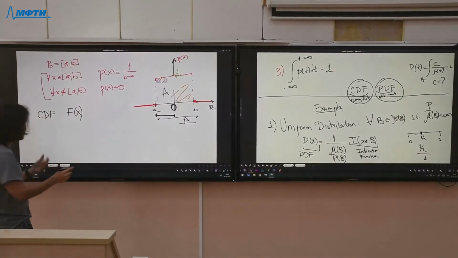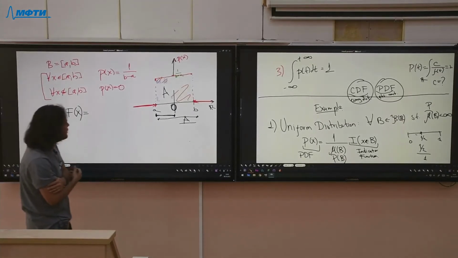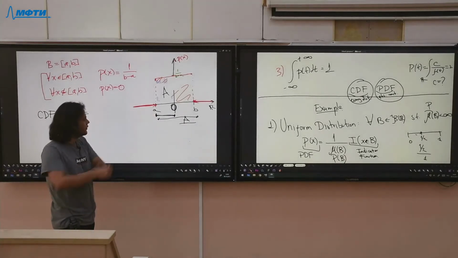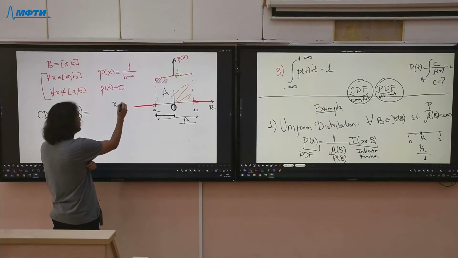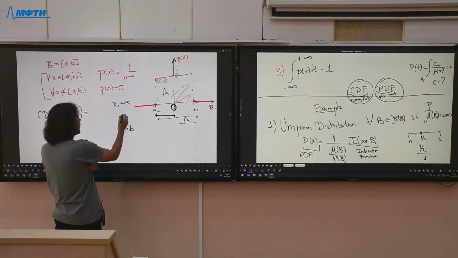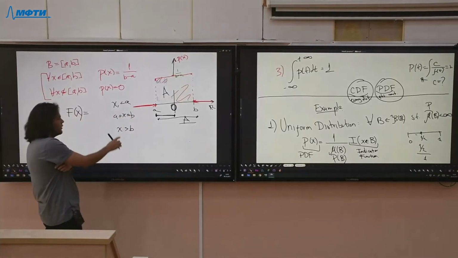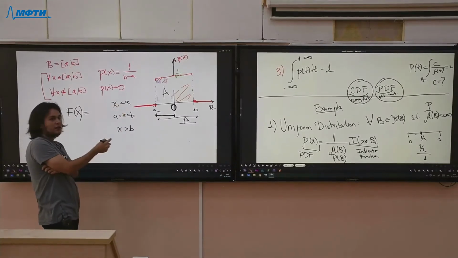Well, let's think about that. Let's look at the different values of x. What if x is less than a? So look, we have x being less than a, we have x being greater than b, and we have when x is between a and b, right? So if x is less than a, then we have 0.